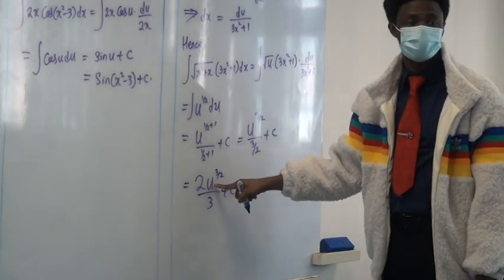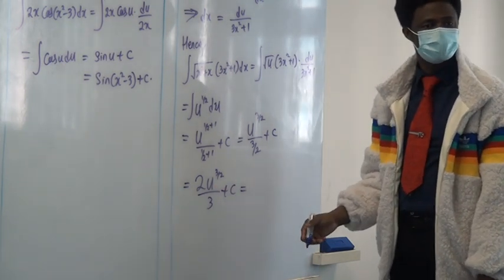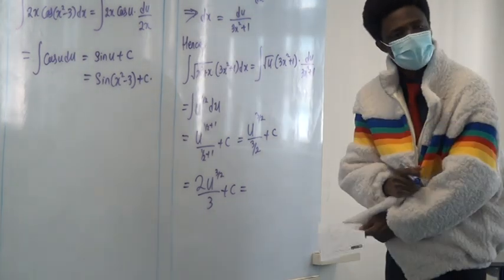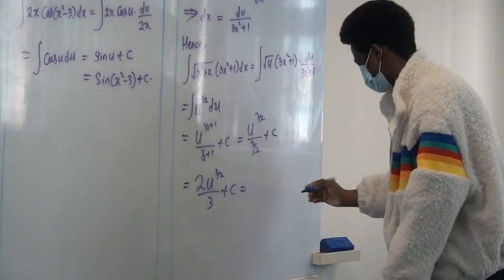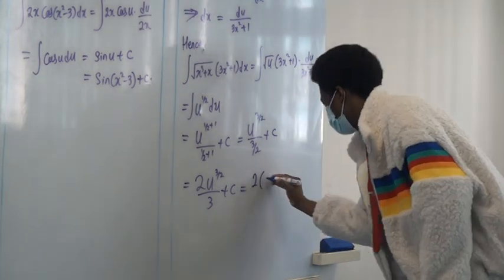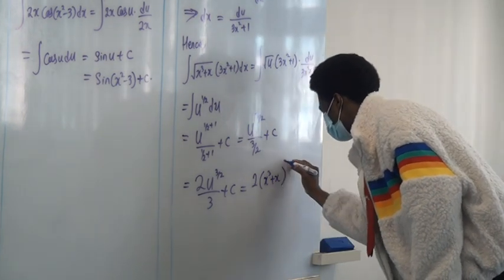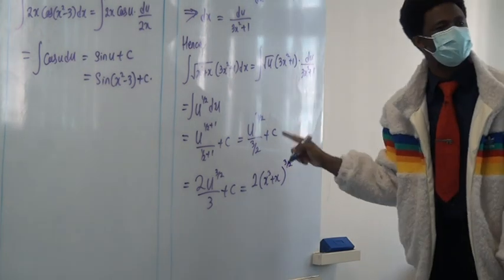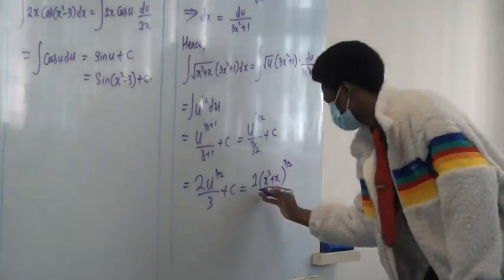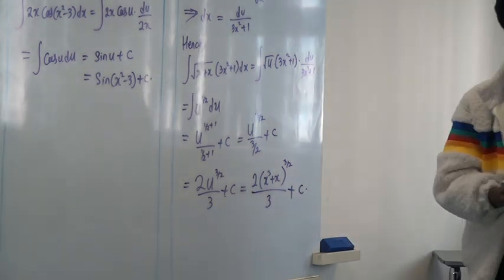The reason I didn't substitute immediately is I'll be writing too many things while I'm trying to simplify. So that's lazy me. So 2, yes, x cubed plus x, everything raised to power 3 over 2, over 3. Don't waste your time writing square root raised to power 3. Then plus c. Any question?